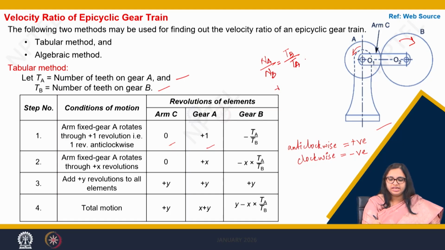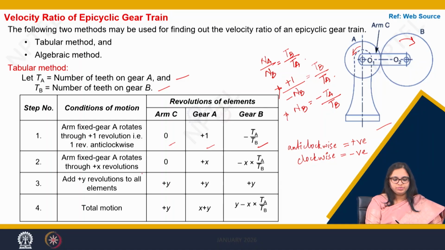NA is rotating anti-clockwise, that is +1, but NB is rotating in the clockwise direction, so it will be -NB. This gives the relation TB by TA, which gives NB equal to -TA by TB, which is written here.